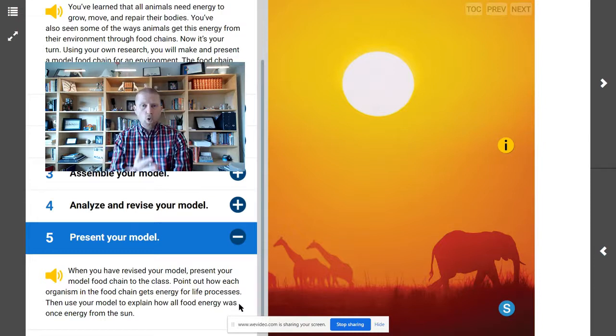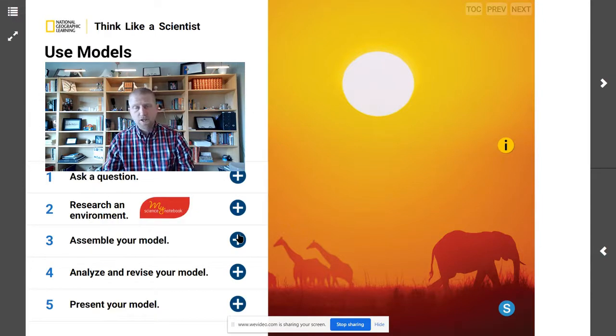It is important that everyone understands that all of this energy is coming from the sun. And that is really what your goal is, that you can use a model to describe that energy in an animal's food was once energy from the sun. Your presentation is going to look different depending on your teacher, your class, and your current situation. So you'll get more information on that when you need it.